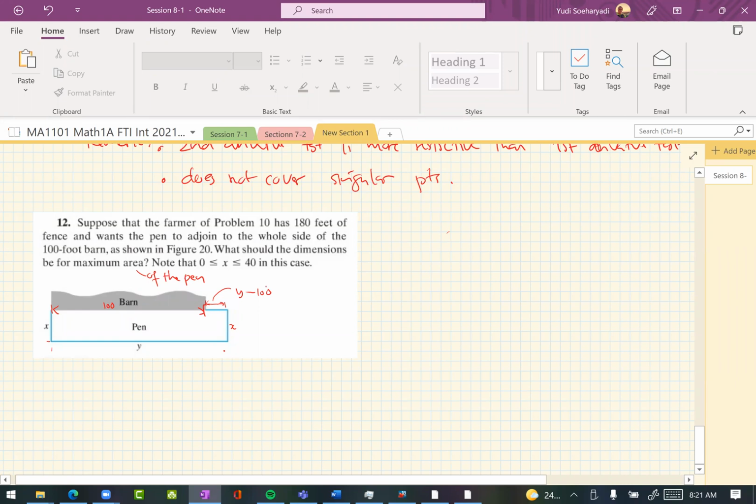So that 180, the length of the fence, is just X plus Y plus X plus this Y minus 100. And X should be in the range. There we go.